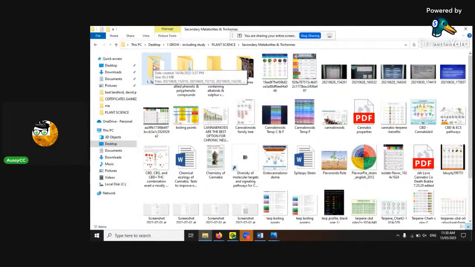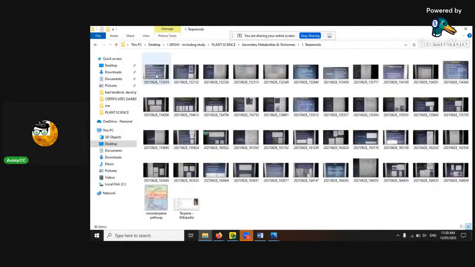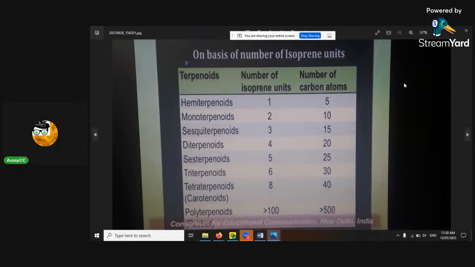So terpenes. Where's their isoprene level? Here. Here are the monoterpenes, and see how it has 10 carbon atoms. It has 2 isoprene units.